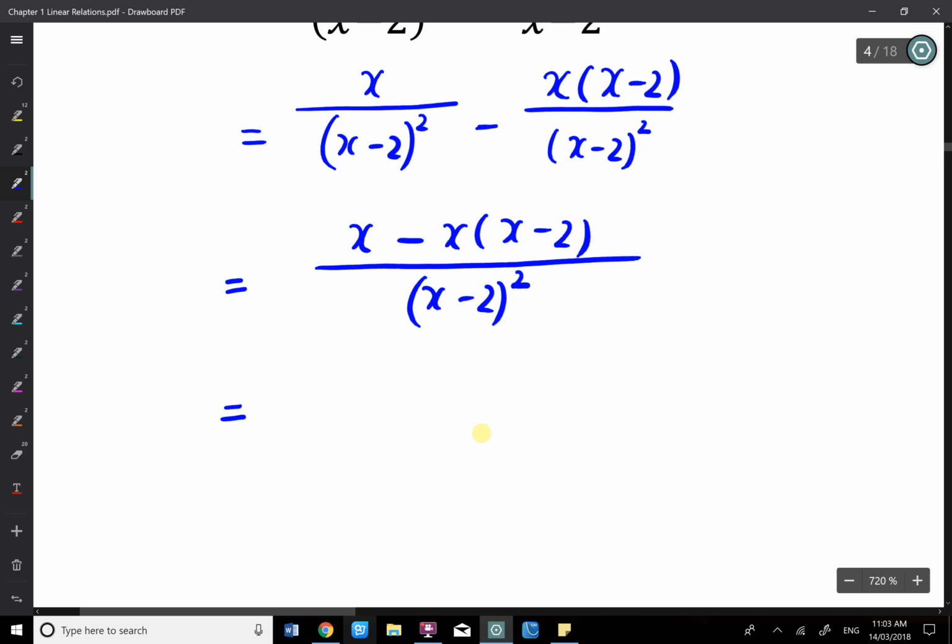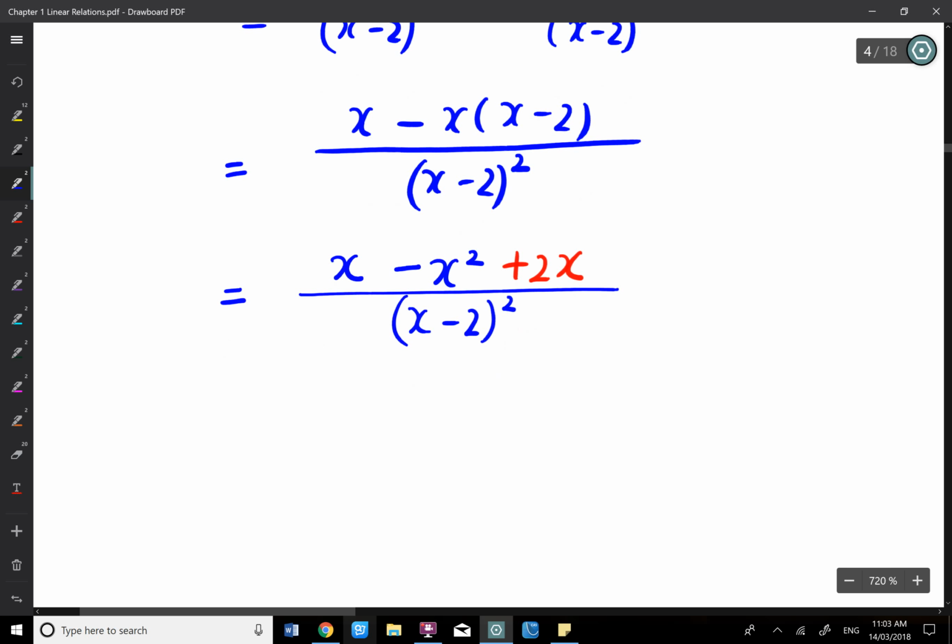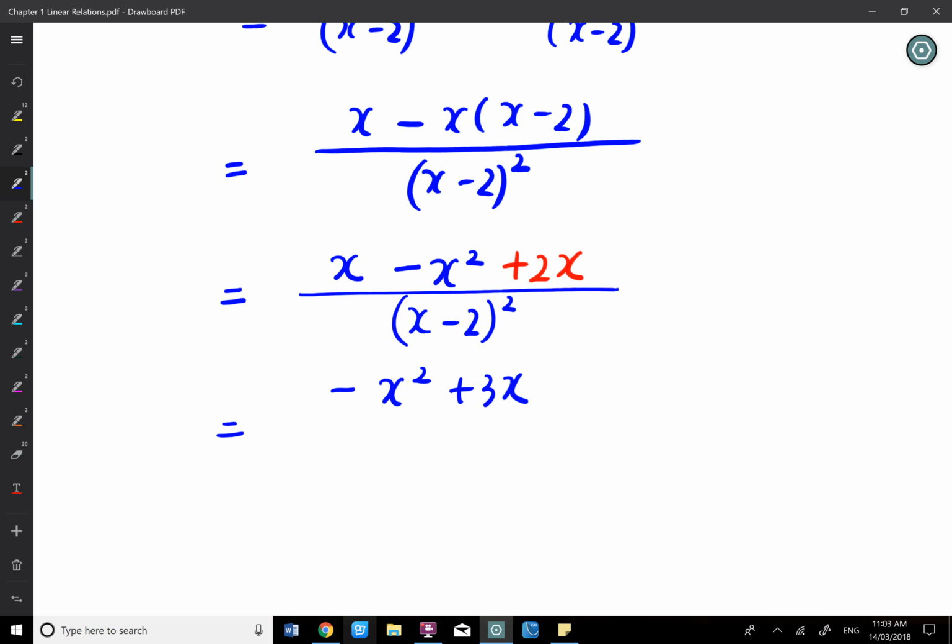So what we have here is x minus x squared plus 2x over x minus 2 squared. So what we have is minus x squared. Remember to write things in decreasing order: whichever power is higher, we put that one in the front. And also the letters are put in alphabetical order.